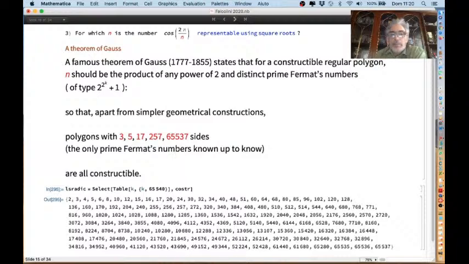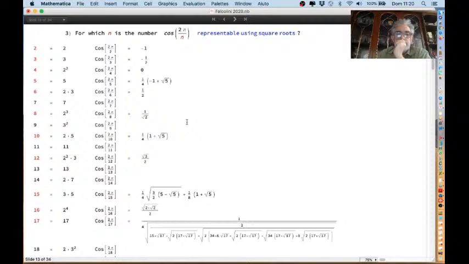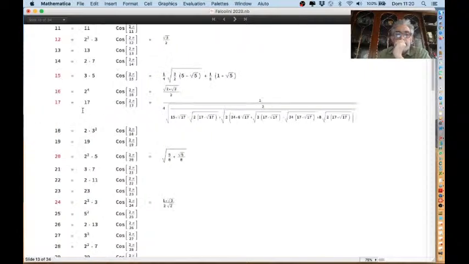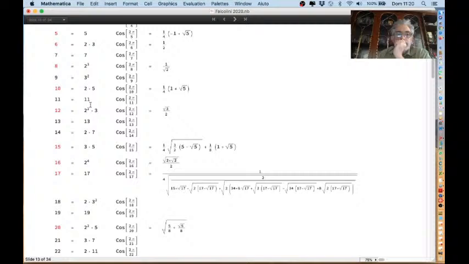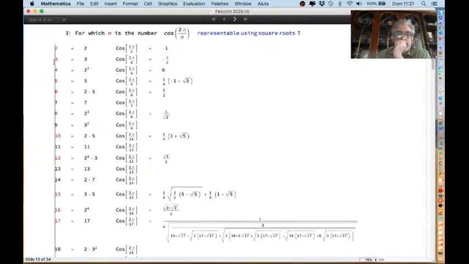In general, if we go back, we can see that the positive answer is for special prime numbers, for instance 5, 3, 17, and for combinations of these numbers, for instance 2 times 5 or 3 times 5, with powers of 2.